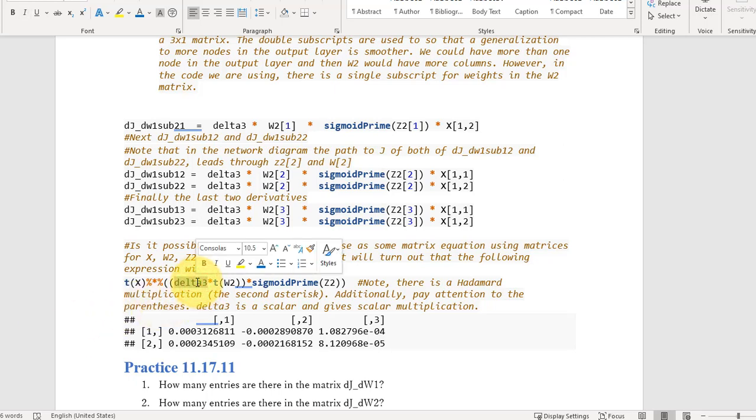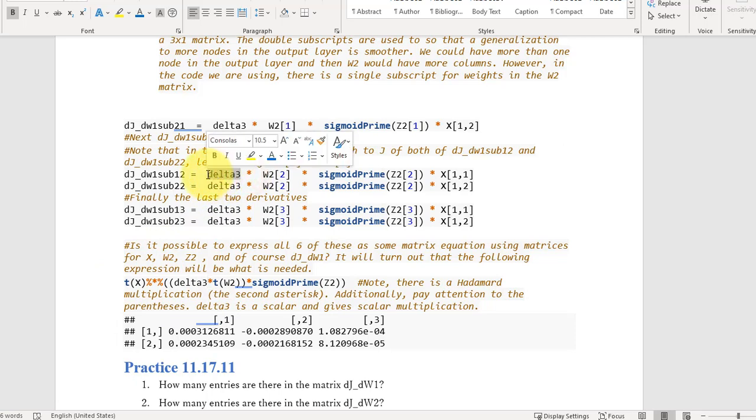Delta 3 is a scalar. So this is just scalar multiplication. That's what R will give us. And that's what we need here, because each of these is scalar multiplied by this scalar. And so now we're going to multiply that times the transpose of W2. So you should check that all these dimensions work out properly.